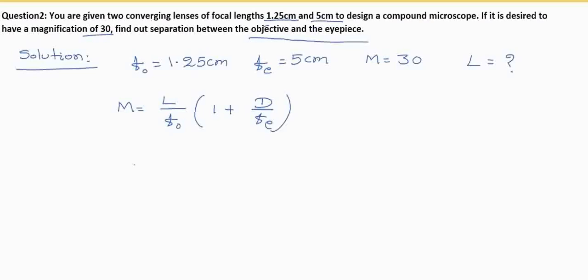So 30 is equal to L divided by 1.25 into 1 plus D divided by FE. D is not given, but we know that the value of D is 25 centimeter, and FE is 5 centimeter.